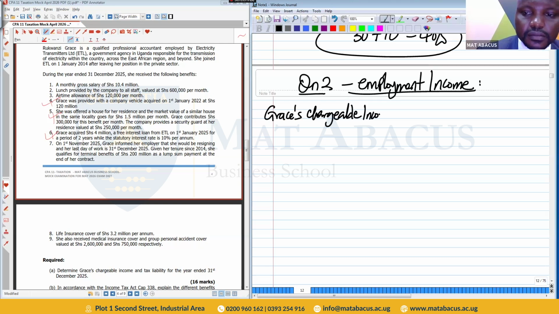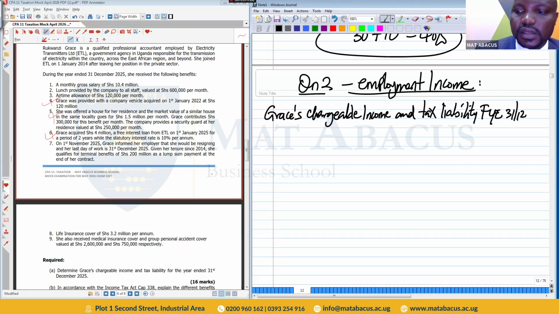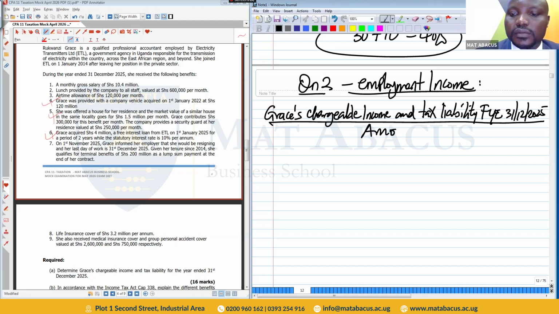So first you have the heading, which is Grace's chargeable income and tax liability for the year ended 31st December 2025. So that is your heading. We have amounts in shillings over thousands.